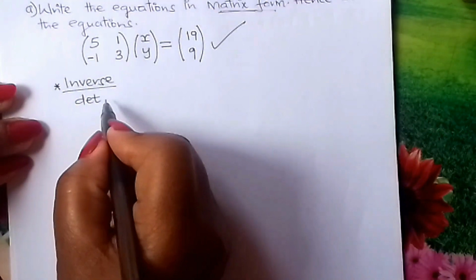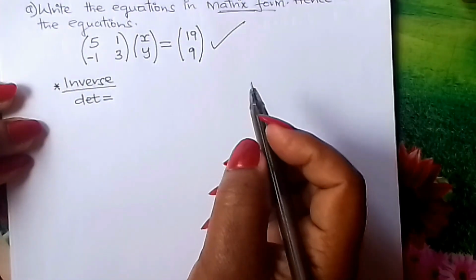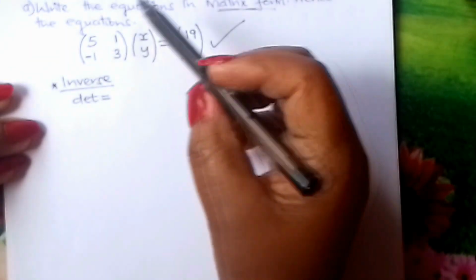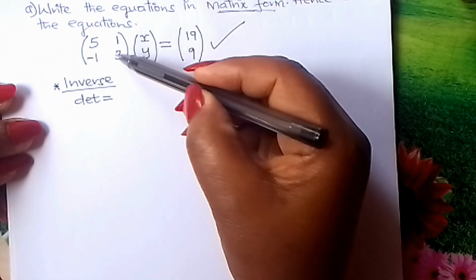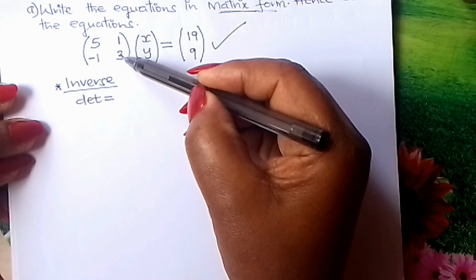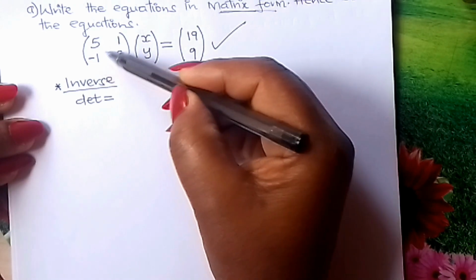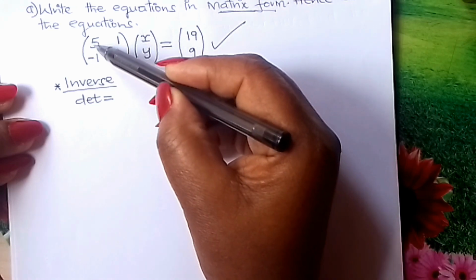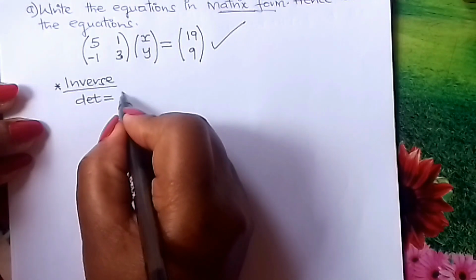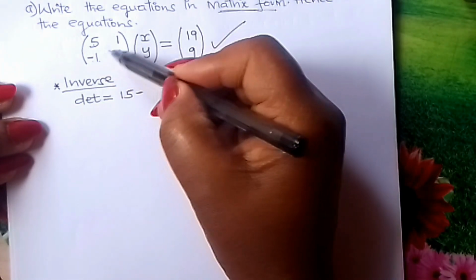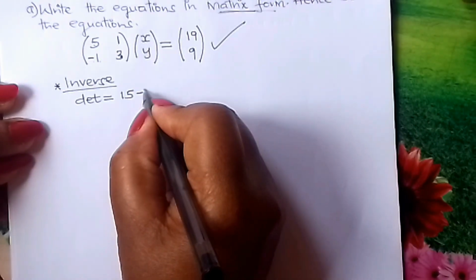What is the determinant of this 2 by 2 matrix, learner? You multiply 5 by 3, the elements in the leading diagonal, then you subtract the product of the elements in the secondary diagonal. So 5 times 3 is 15, minus negative 1 times 1, which is negative 1.